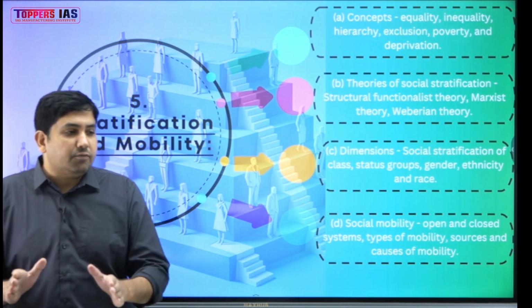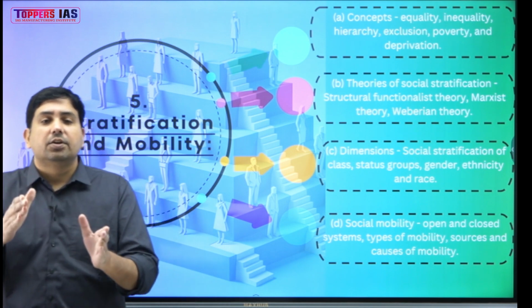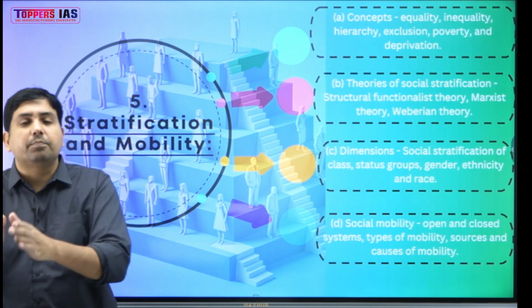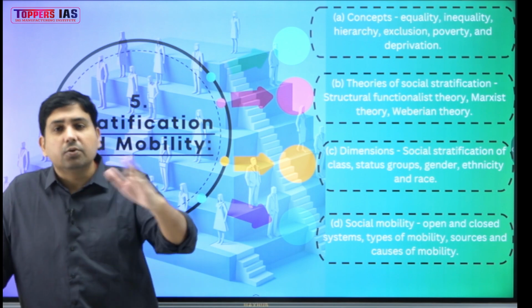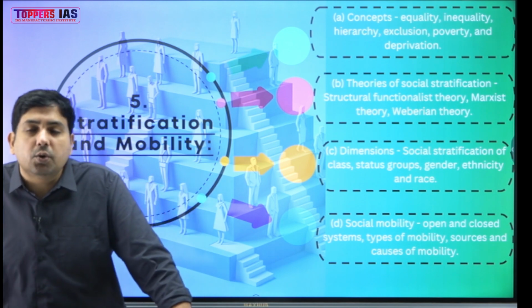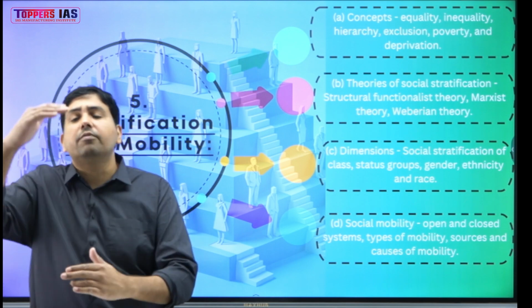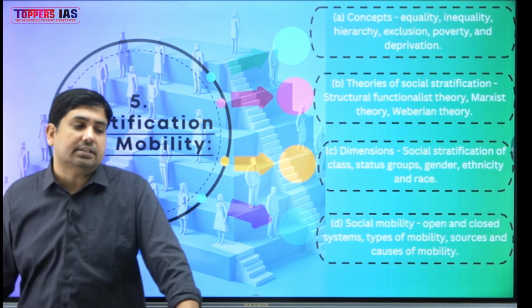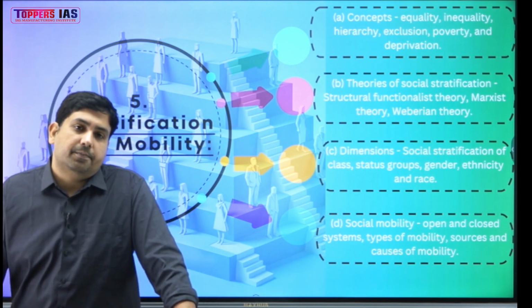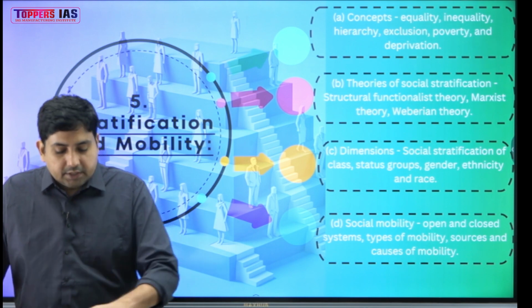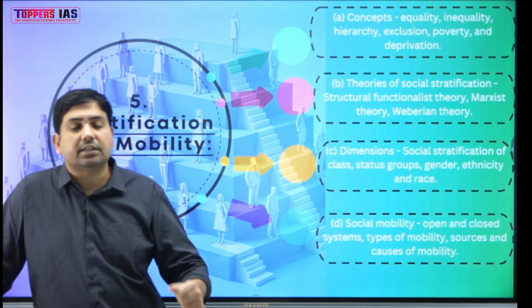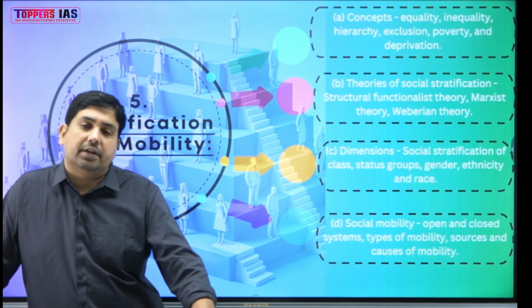If you look into society, there are rich, middle class people, and there are poor class people also. So how societies are divided into various layers and how people move between these layers. Clear now? So these things are looked at by this topic, unit 5.